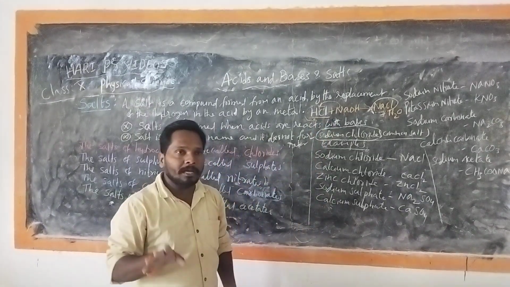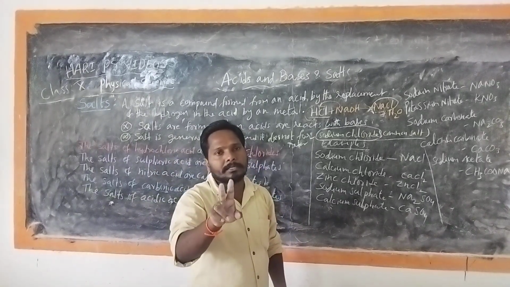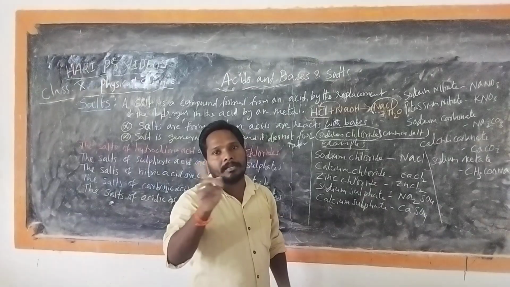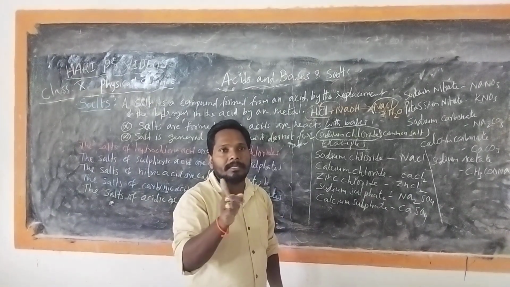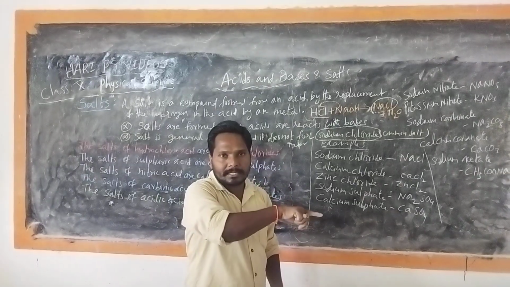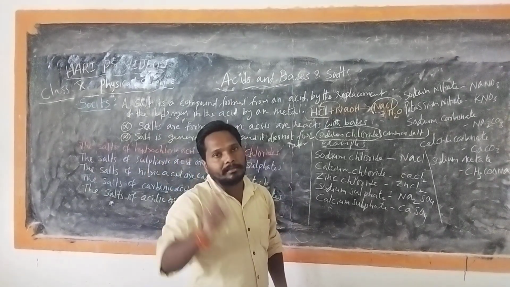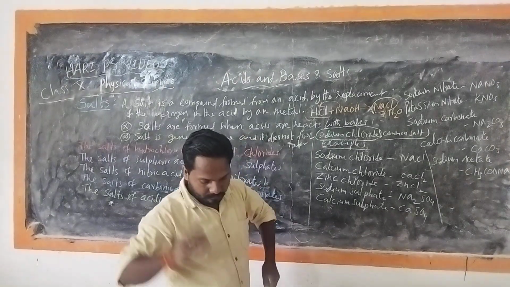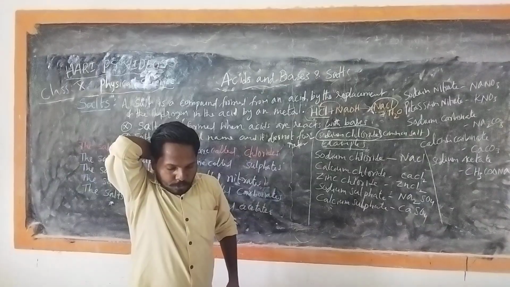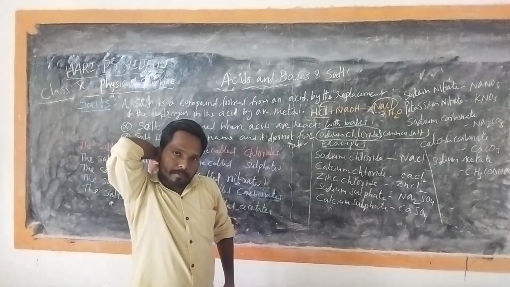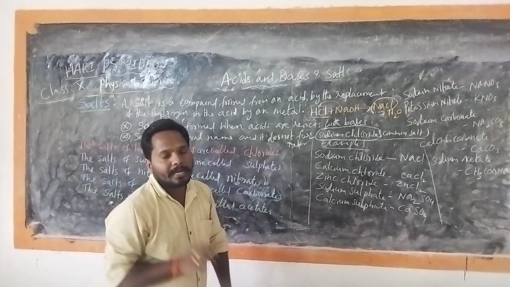Similarly, every chemical salt contains two parts: an acid part and a base part. The first part of the salt is referred to the base. The second part of the salt is referred to the acid. For example, the name of the salt sodium chloride comes from sodium hydroxide and hydrogen chloride, or hydrochloric acid.